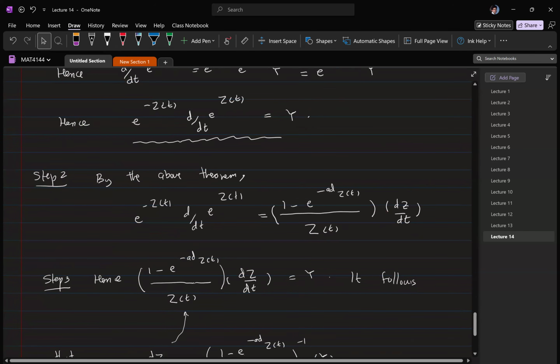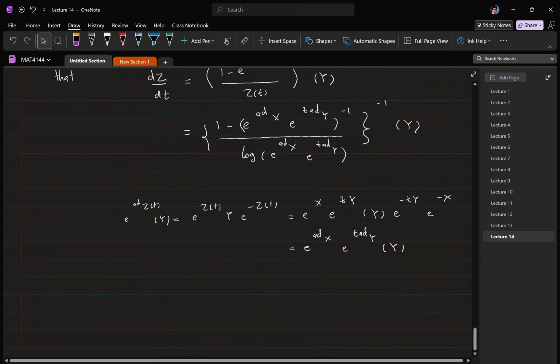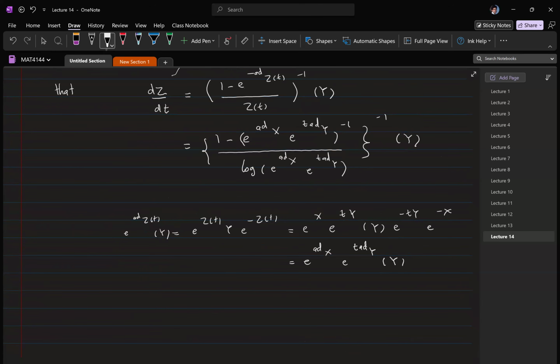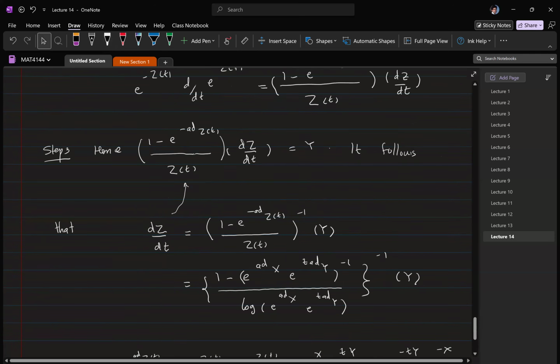So now we see that, in fact, the derivative dz is expressed as some function depending only on t, okay? So this is exactly what we wanted. So hence, we had step 3, now it's step 4.